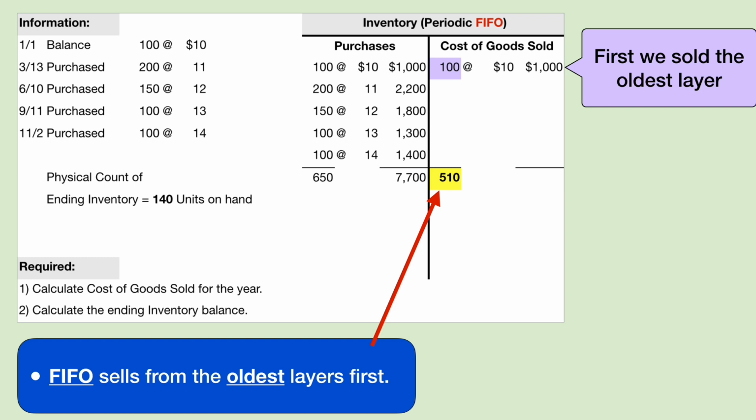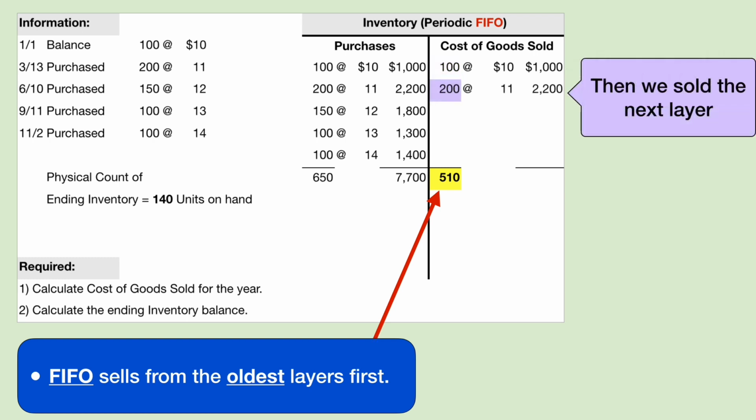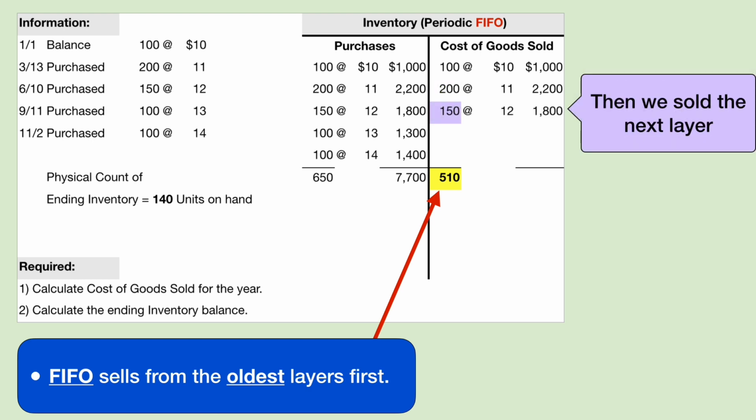Now, the 4th step, this is the harder step. We sold 510. Using the FIFO method, we'll start selling them from the top layer, the oldest layer, and then work to the newest. So first we sold all of the first layer, the oldest layer. Then we sold all of the second layer. And then we sold part of the third layer, but not all of the third layer.